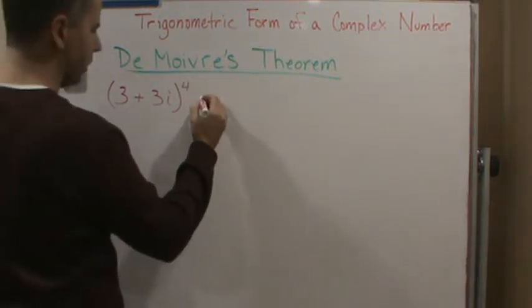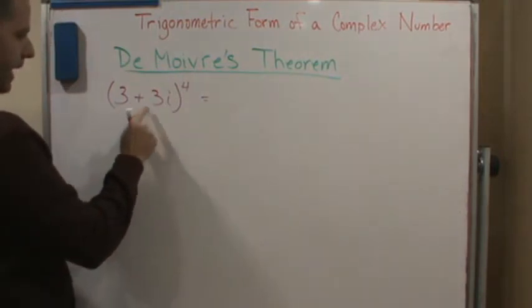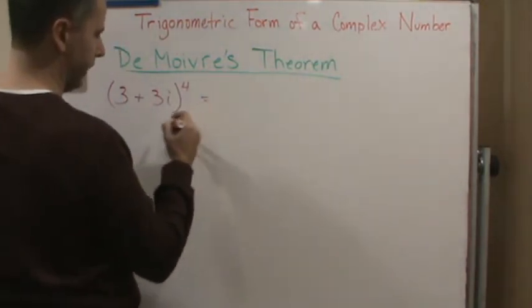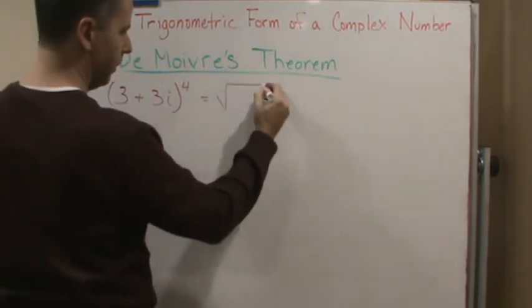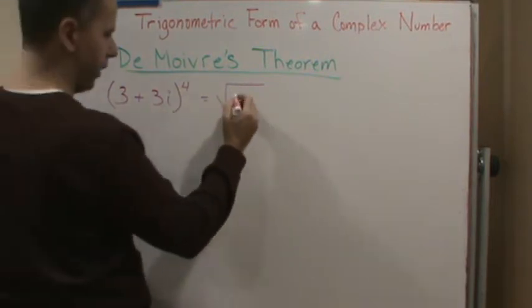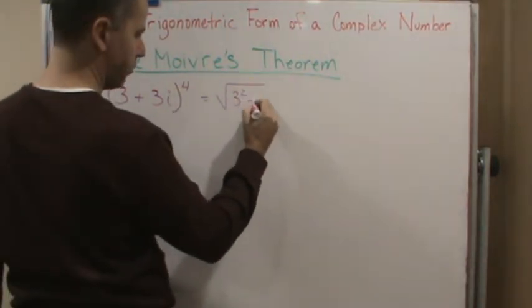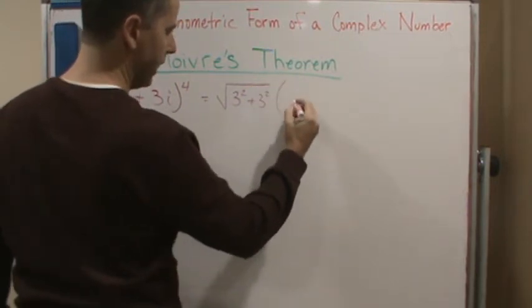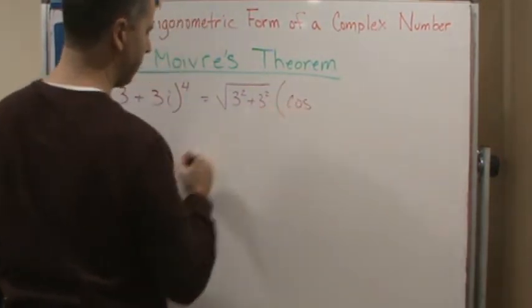If we write it in trigonometric form, well, again, this is a and b. So our r is going to be the square root of a squared plus b squared, which is 3 squared plus 3 squared. Now, what's theta?